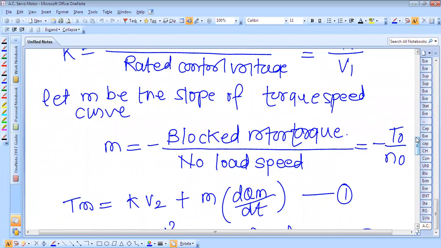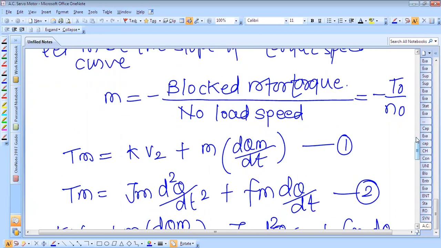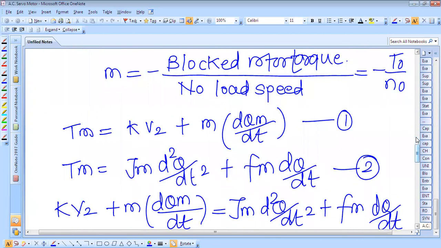By taking the help of these two values, K and M, we can write the torque equation for the motor: Tm is equal to K V2 plus M into d theta m by dt. This is equation number 1.